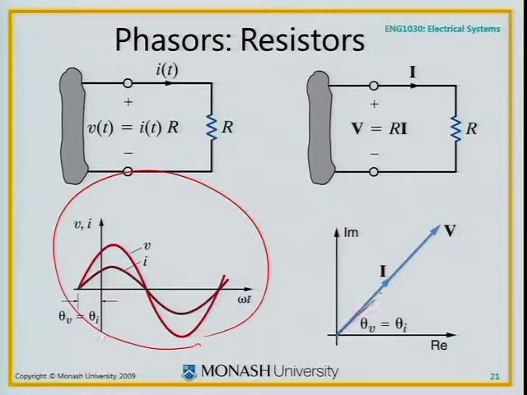They're in the same direction. Resistors don't introduce any phase changes between voltage and current. Inductors and capacitors do. But resistors, well, it doesn't do anything. V just scales the current. They're aligned in terms of the phases. They're in phase, meaning the maximums occur at the same time.